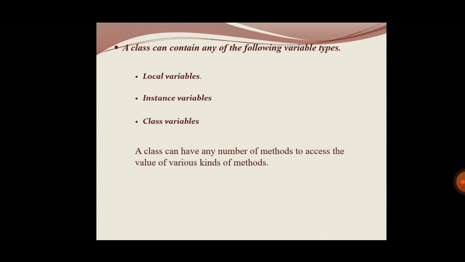Next is the class variable. So the class variables are variables that are declared within the class, outside any method, with the static keyword. So this class can have any number of methods to access the value of various kinds of method.